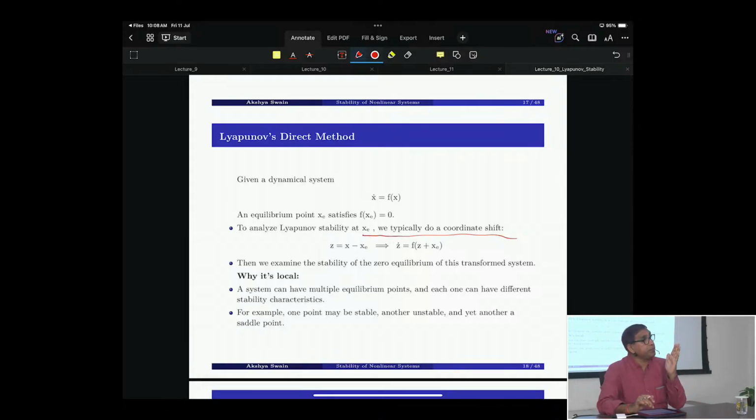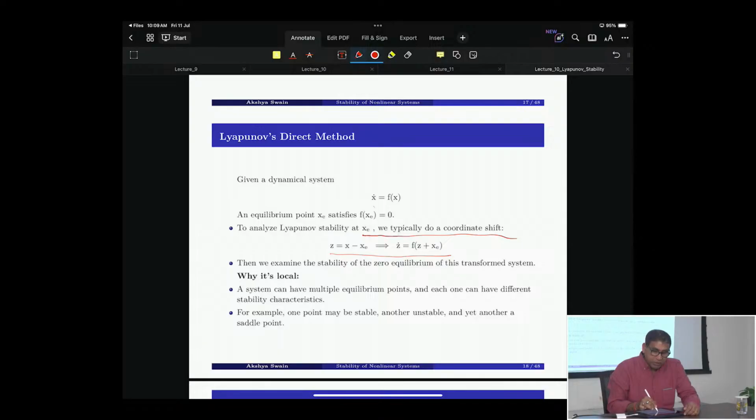So this has to be done for each of the equilibrium points. We first decide which equilibrium point we want to study for stability. That equilibrium point may not be at the origin. If not at the origin, you transform it into the origin by a suitable transformation by z.